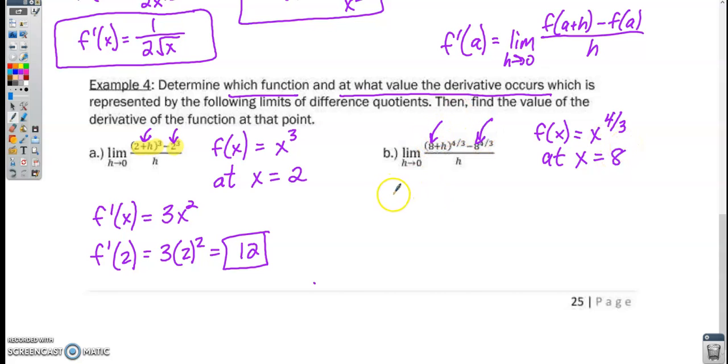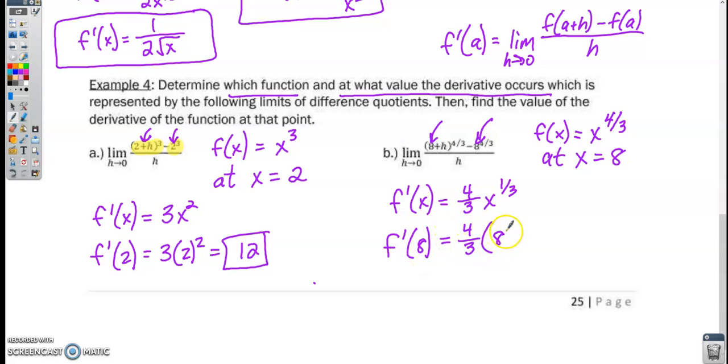And so now I'm going to go ahead and take the derivative of this. F prime of x is equal to 4/3 times x to the 1/3. And so f prime at 8 is going to be equal to 4/3 times 8 to the 1/3. 8 to the 1/3 is 2, and so our derivative at 8 is going to be 8/3.